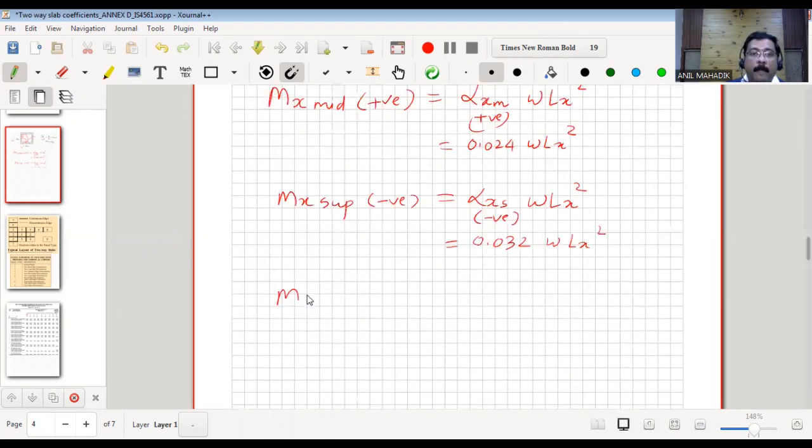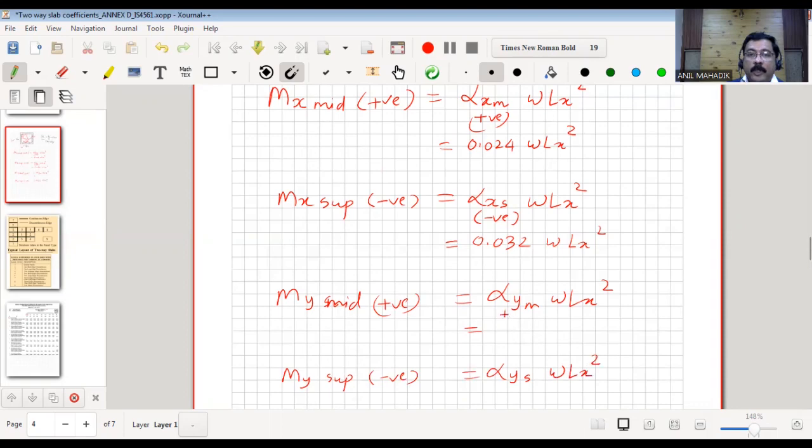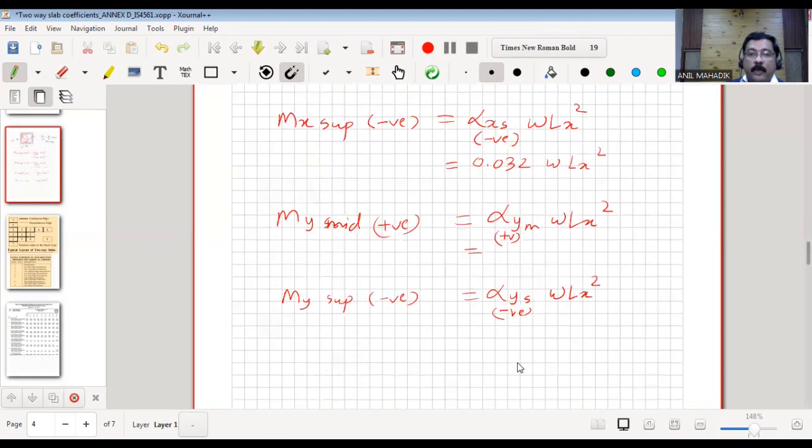Again, My midspan, that is positive. Alpha y midspan W Lx square, and My support, which is negative. Alpha y support W Lx square. This will be positive value. This will be negative. What are those values? Alpha y means long span.